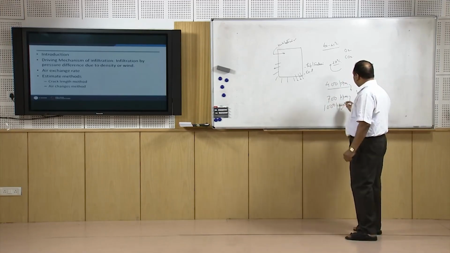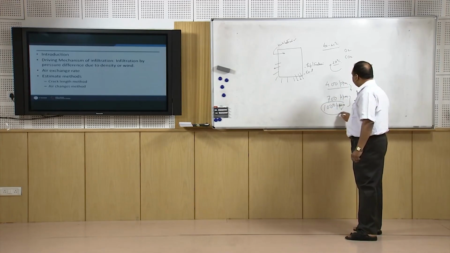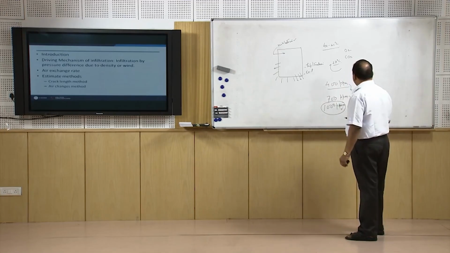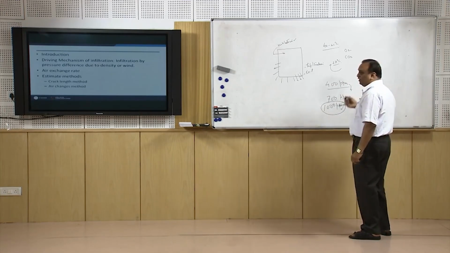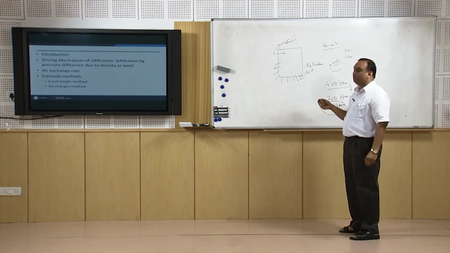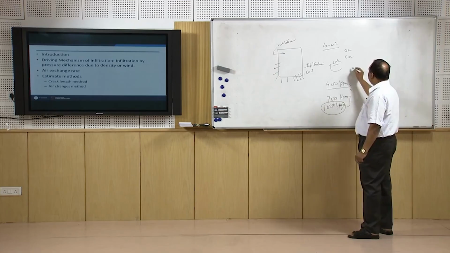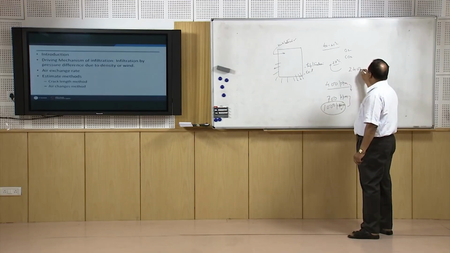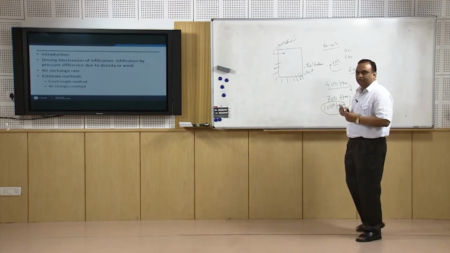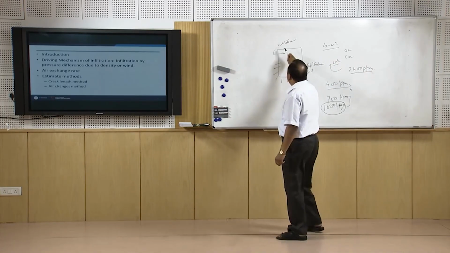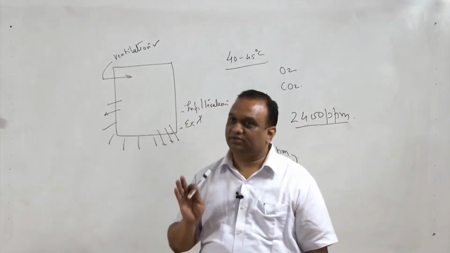It has been witnessed that in many places like schools or computer labs, the level of carbon dioxide is up to 2400 ppm. That is very alarming. So, that is why ventilation in any building is very important.